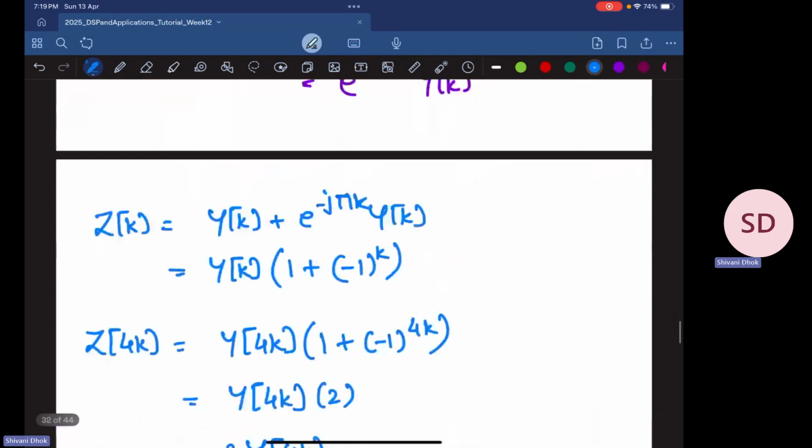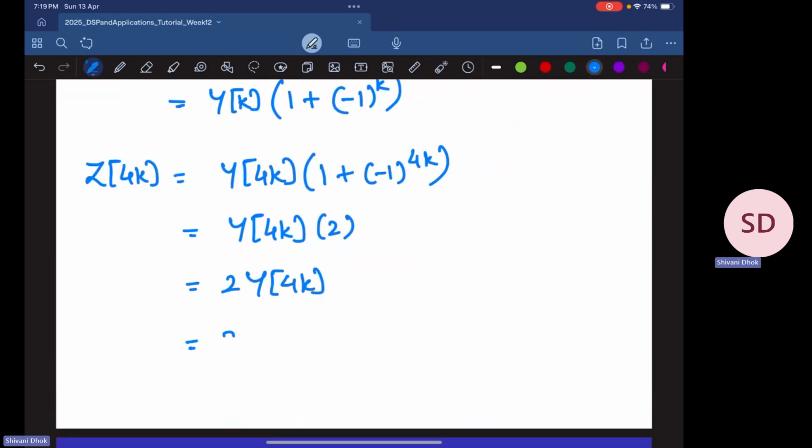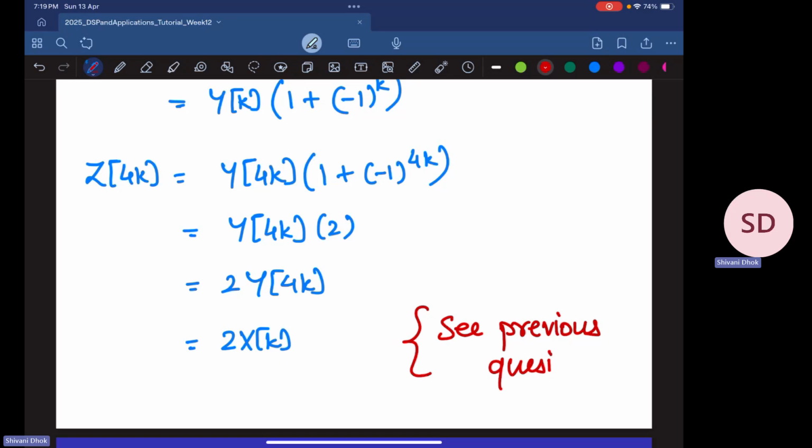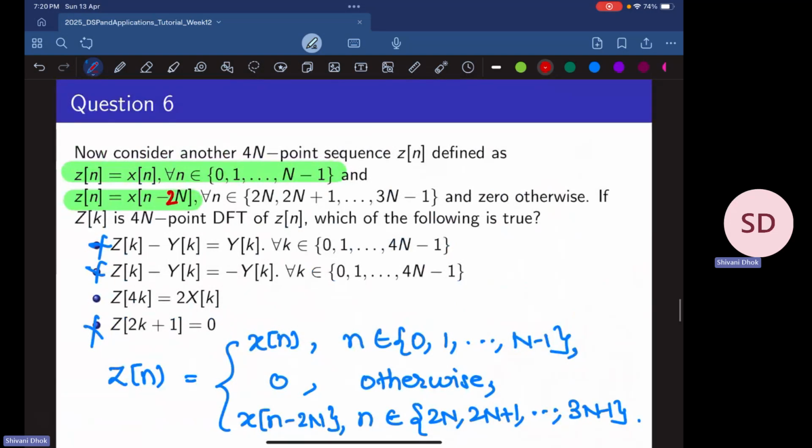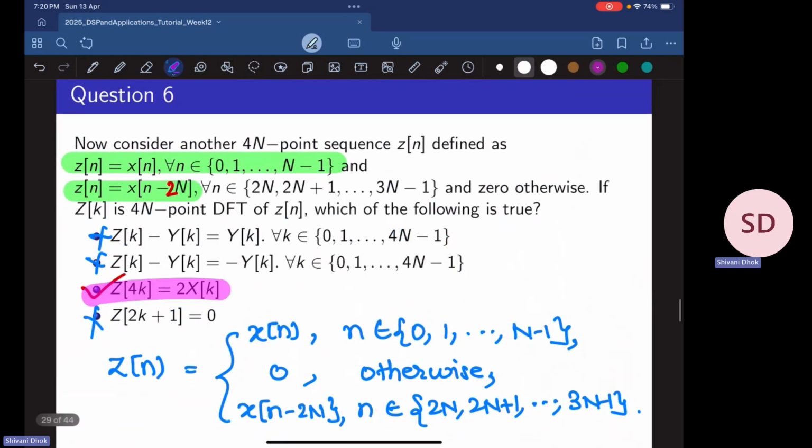So this now becomes 2 times x of k. This is coming from the previous question. So we have z of 4k equal to 2 times x of k. This is what we get, and this is the final answer.